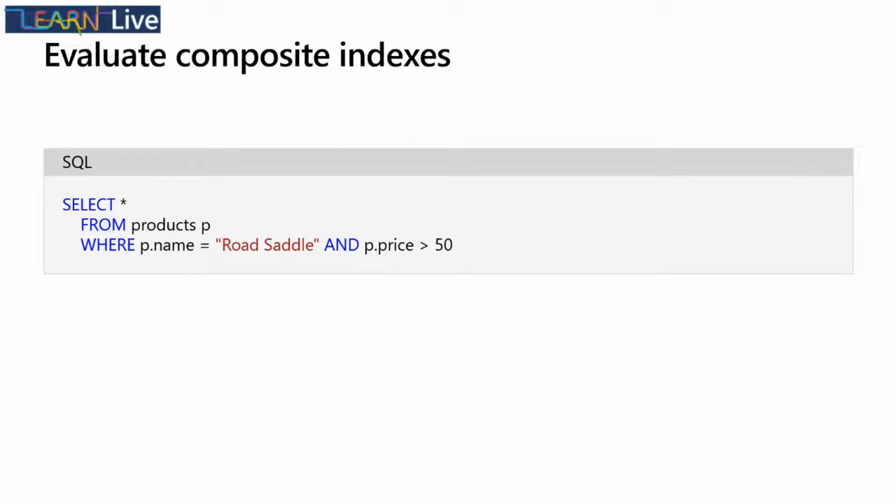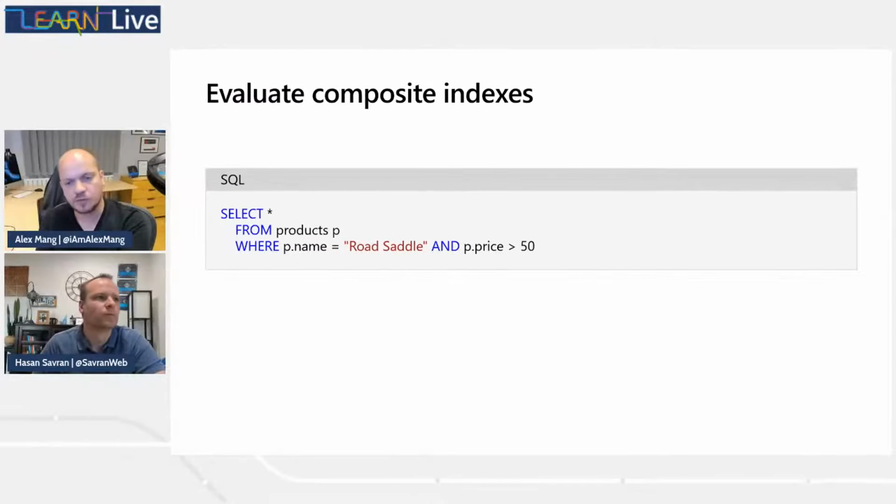We have two filters here, right? We have an equality filter, which checks the value of the name property and the equivalency of the string road saddle. And we have a range filter on the price that checks to see if the value of the price property is greater than 50. So if the query is able to use a composite index that includes both the name and the price, the composite index would be just one which you define on these two properties, name and price.